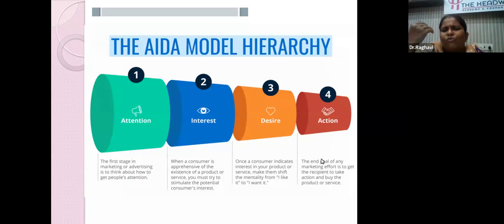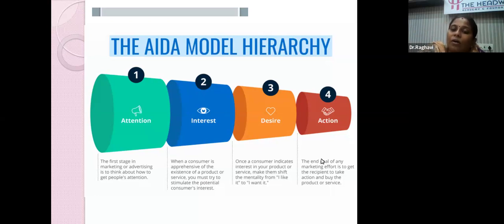Used more as a marketing strategy that describes the steps a customer will go through in the process of purchasing a product. Say, for example, we will understand like this. This model was actually used in marketing, wherein a customer goes through a process of purchasing a product.